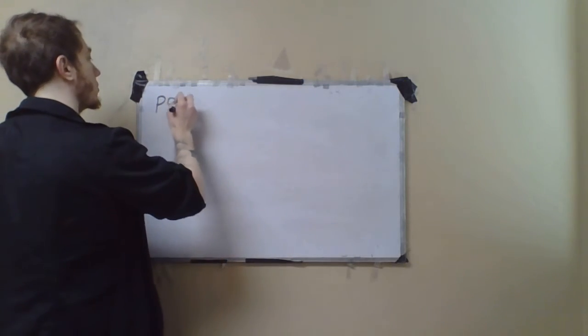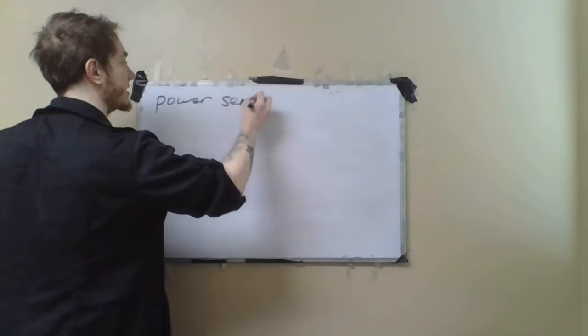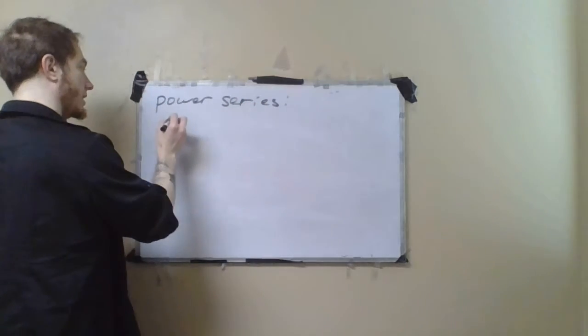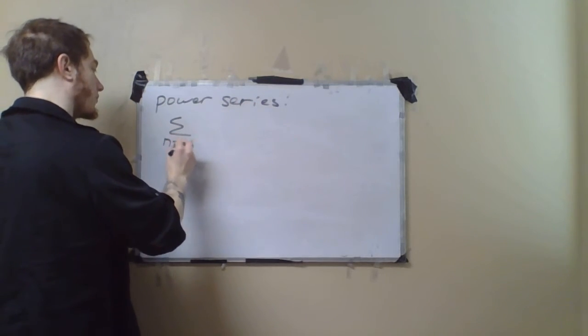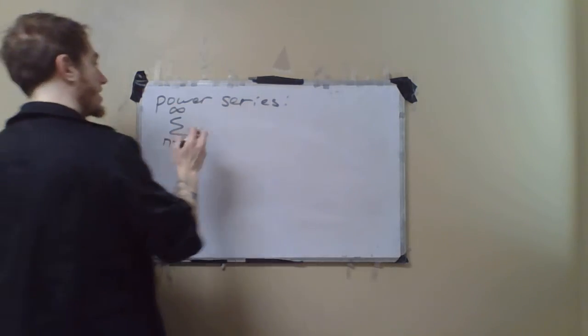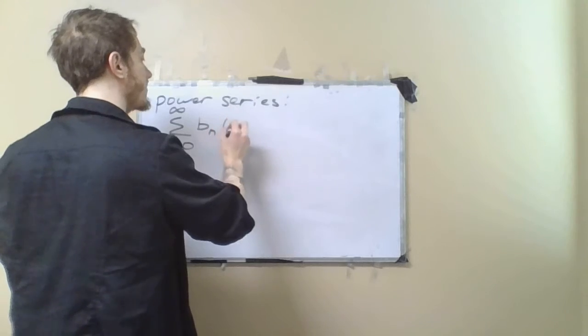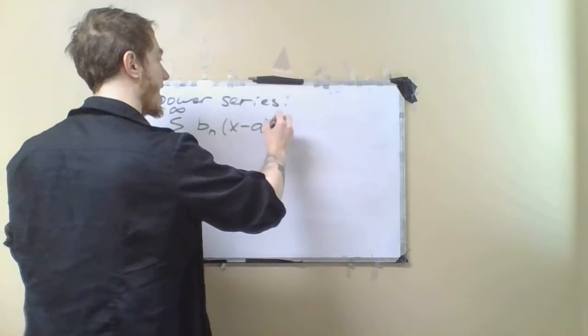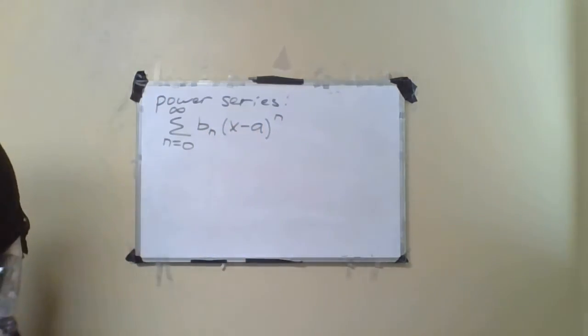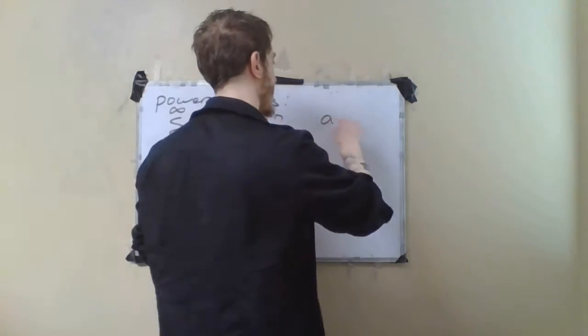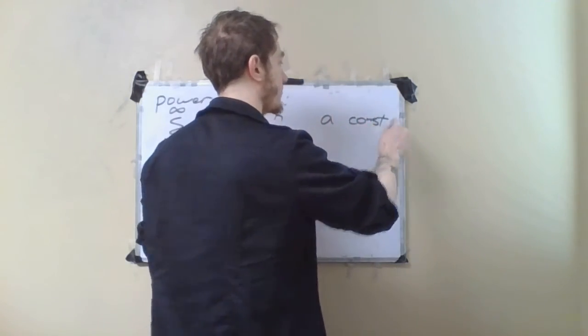So here is what a power series is. It is a sum from n equals 0 up to infinity of some sequence b sub n times x minus a raised to the n, where a is some fixed constant.